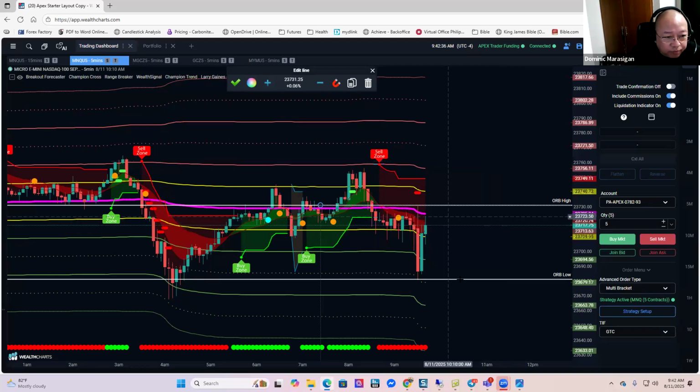I do trade the ORB, but I also trade the initial balance, meaning 1 hour after the opening. And that's why I'm selective in my trades. Again, this is based on a 5-minute chart.